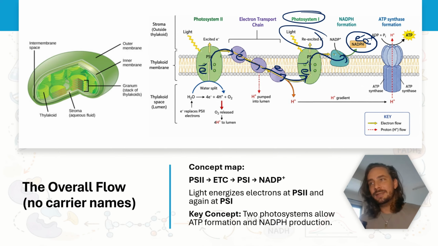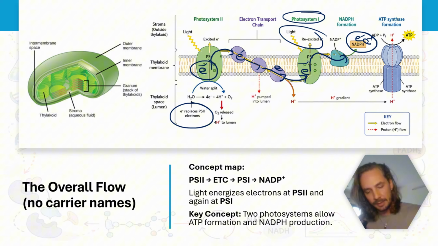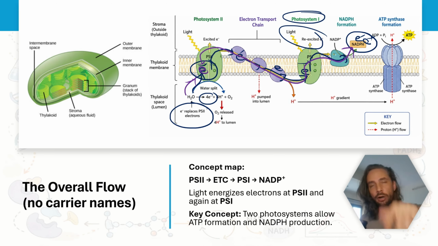That is just the electron flow. And remember, the electron that is now missing gets replaced by the electrons that we get when we split water. When we split water, it releases electrons, and it can replace that electron, because this electron would then travel all the way to NADPH and needs to be replaced again. So it's a constant flow of electrons.